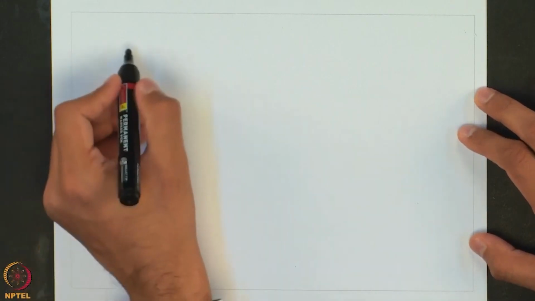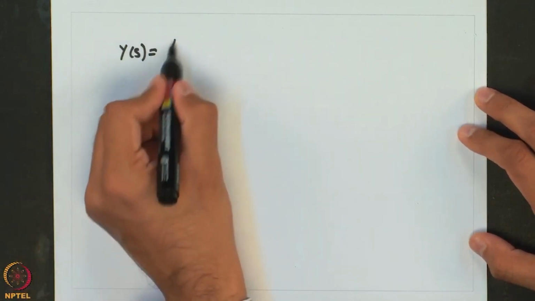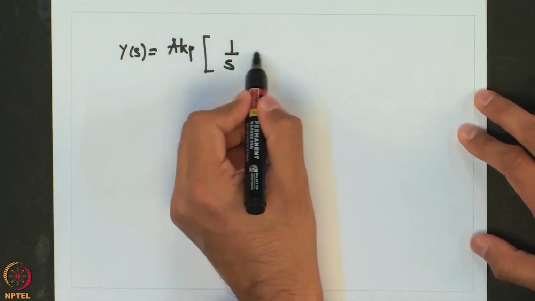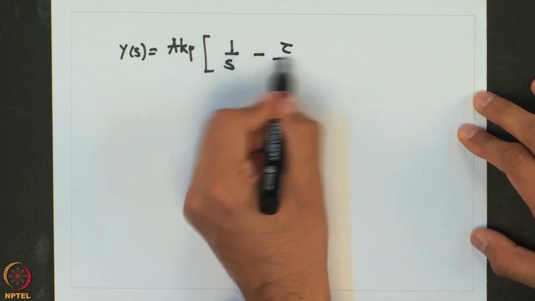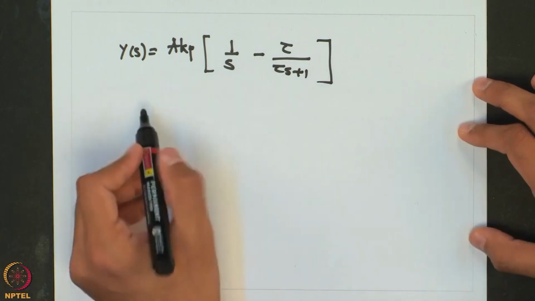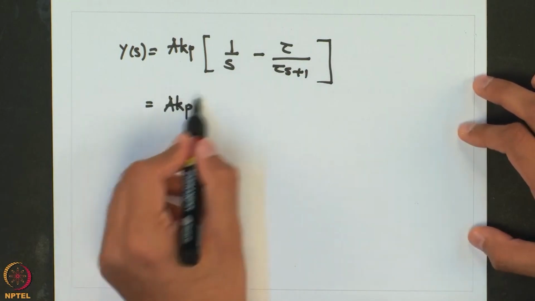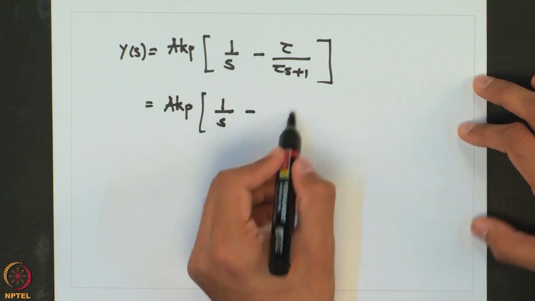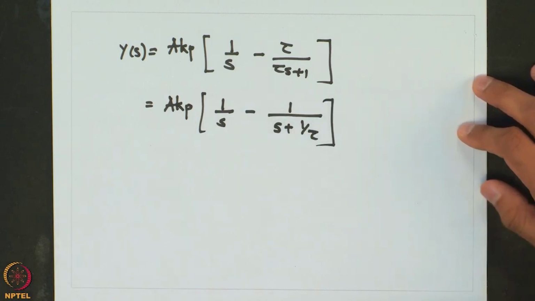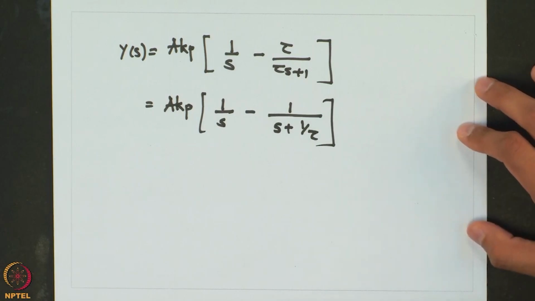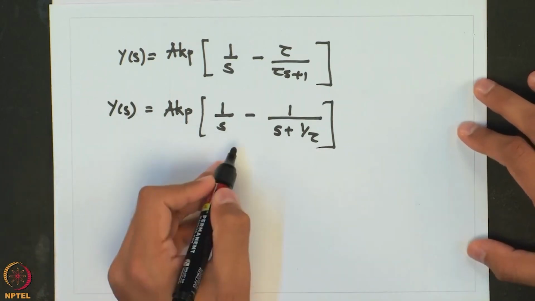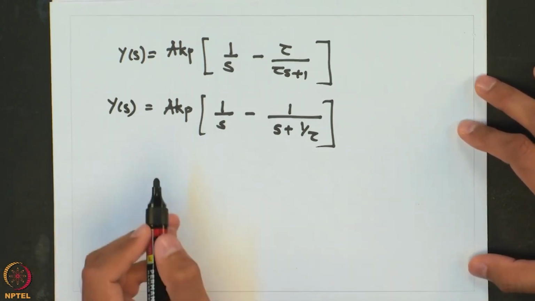So, what we have is Ys is equal to A Kp (1 over s minus tau over tau s plus 1), which we can again rearrange. So, we have represented Ys as sum of the two fractions for which we know the Laplace inverse.